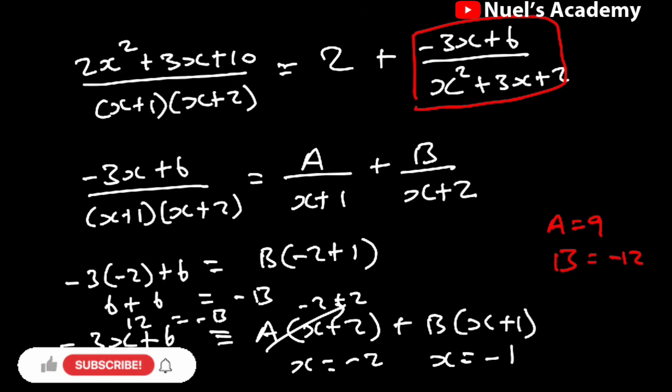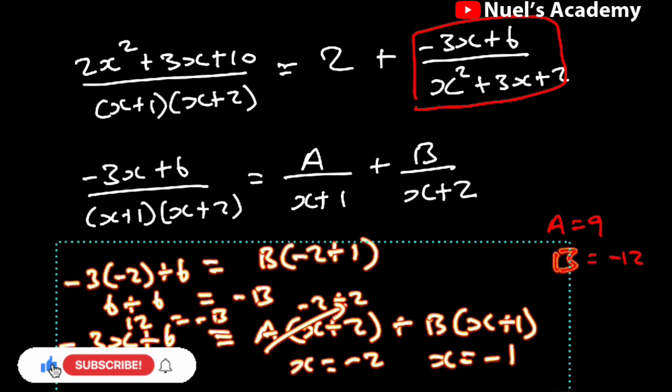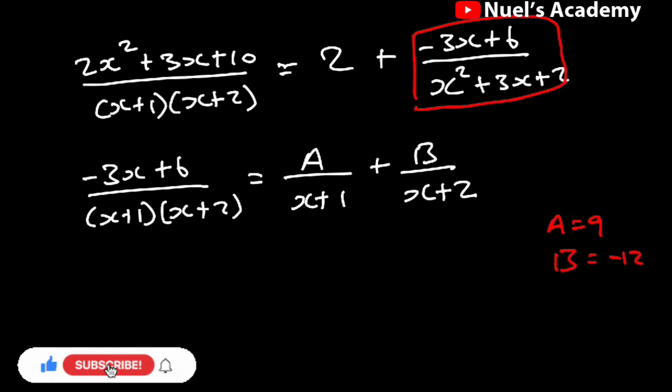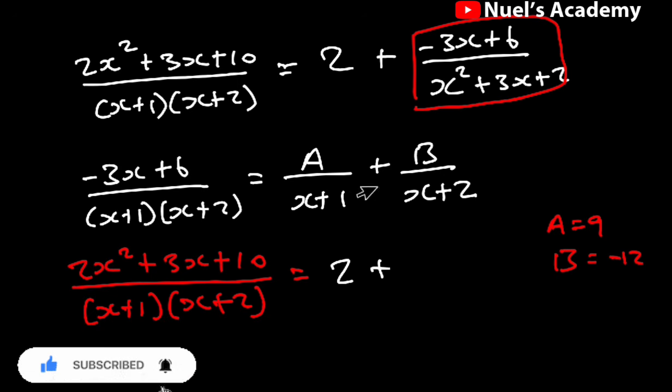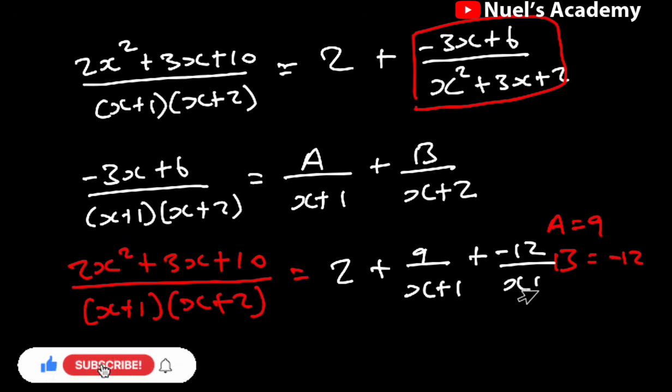Now the final answer to this question is that the partial fraction of 2x squared plus 3x plus 10 divided by x plus 1 multiplied by x plus 2 is equal to 2 plus a, which is 9 over x plus 1, then plus b, which is negative 12 over x plus 2.